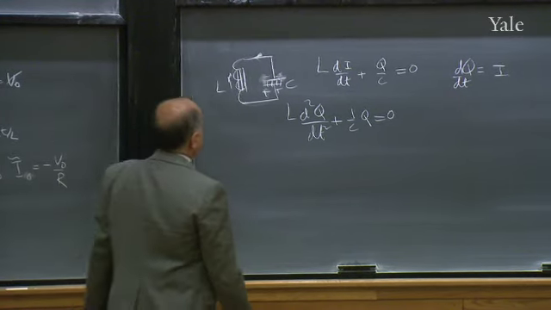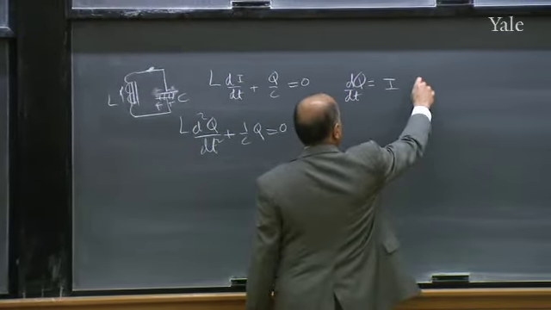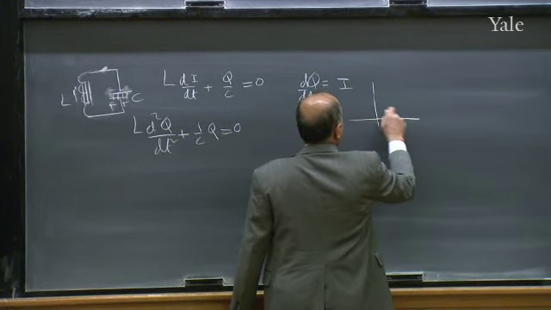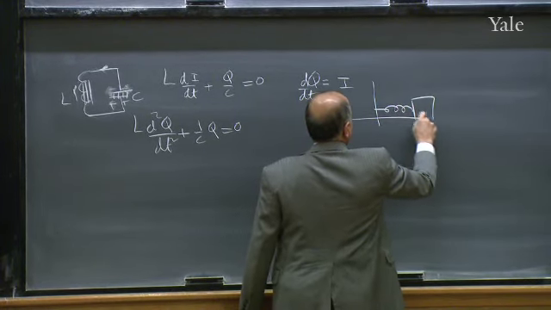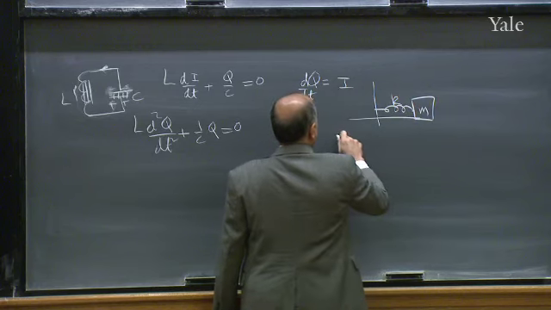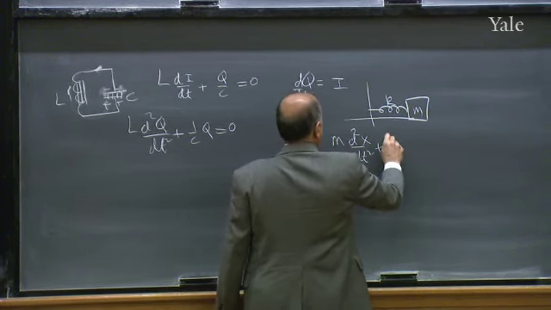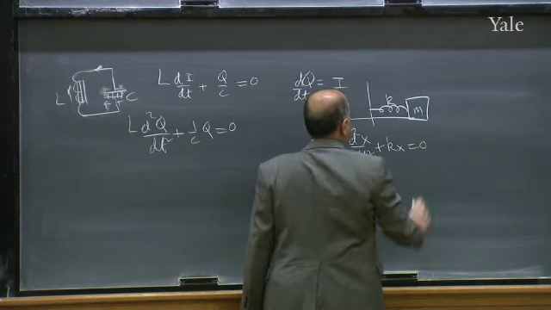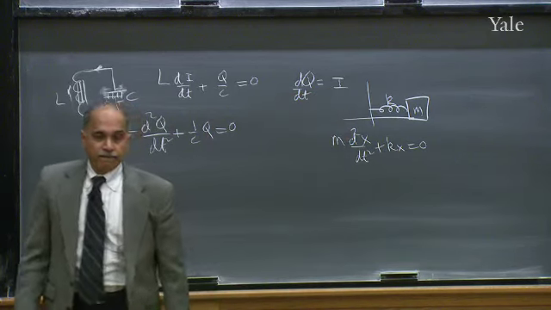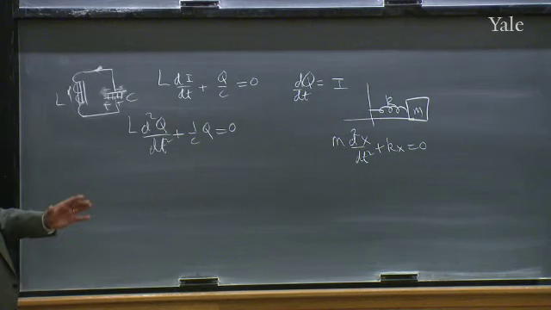Now, we have seen exactly this equation before, right? We saw the equation for a mass coupled to a spring, m d2x/dt squared plus kx equal to 0. There we know what it does. We know it oscillates back and forth.